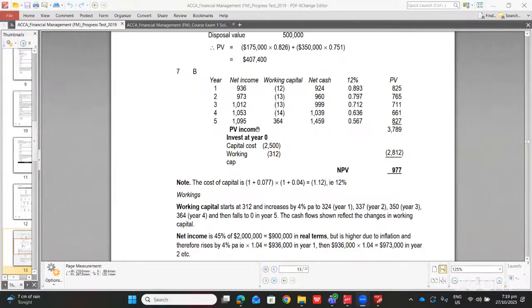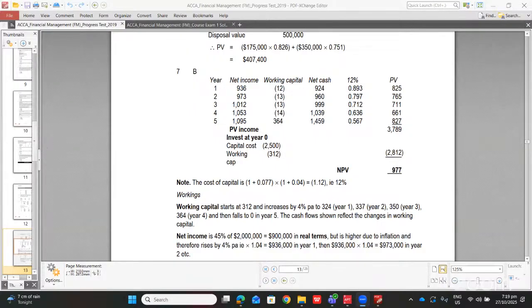So for example, the project says sales is 2 million. So 15% of the coming year sales, right? 15% of the 2 million is 300,000. But that is in real terms. I mean, that is what it is now.